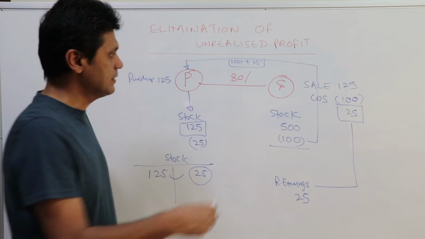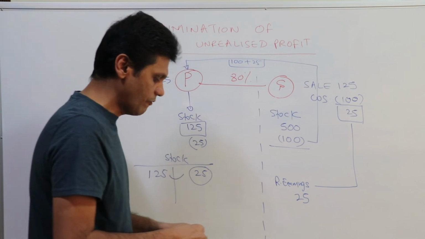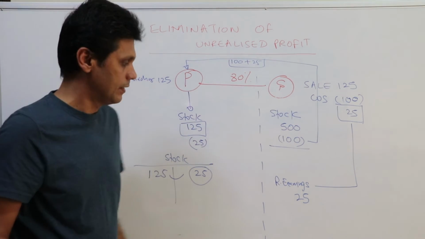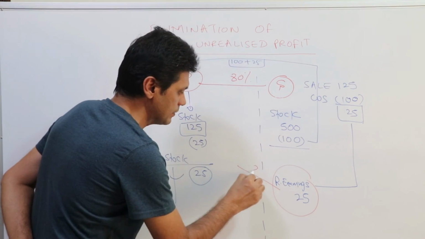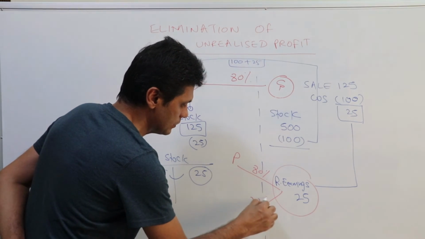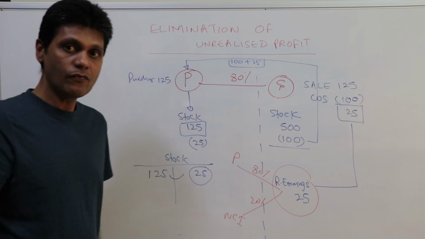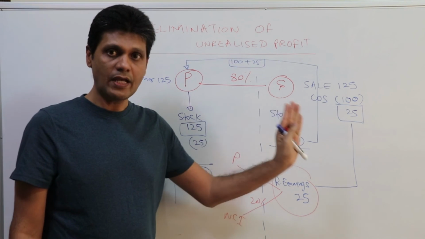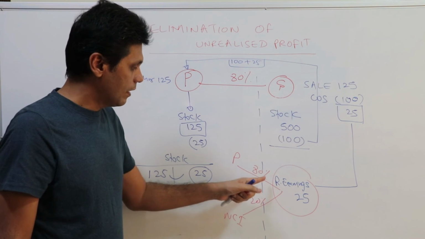As far as this subsidiary company is concerned, this profit is owned by two parties. Who are they? 80% is owned by the parent company and 20% is owned by the non-controlling interest.